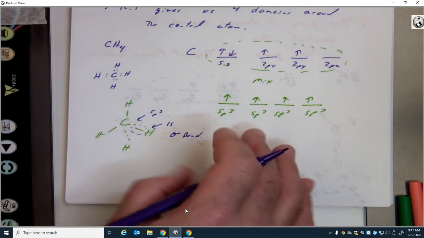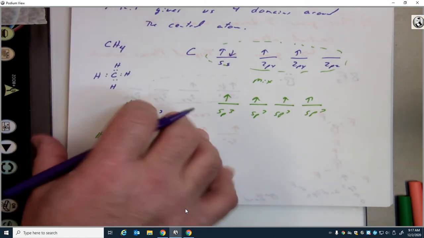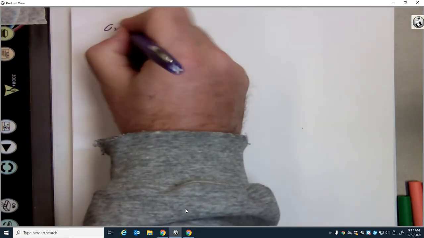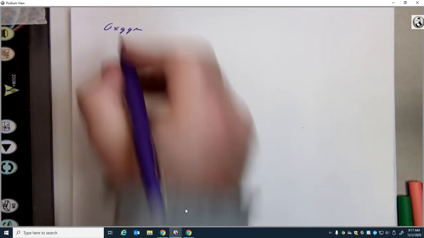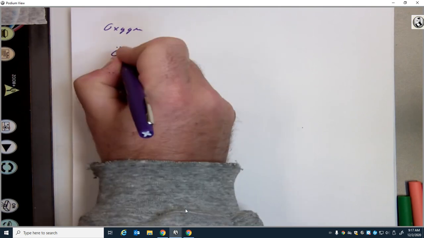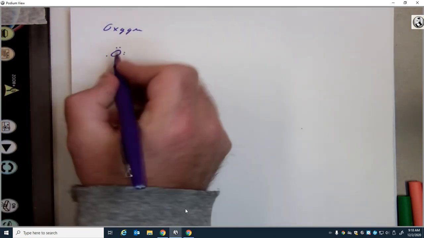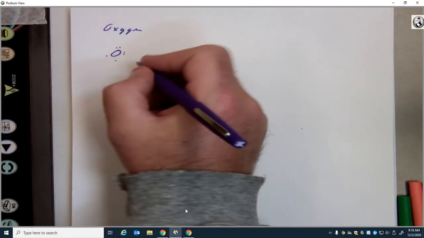Now, oxygen and nitrogen actually do the same thing, and I want to go through them. So if we look at oxygen, okay, it wants to make two bonds. So you'd think it would just go here and here, like for H2O.